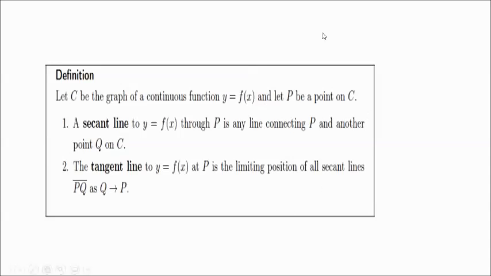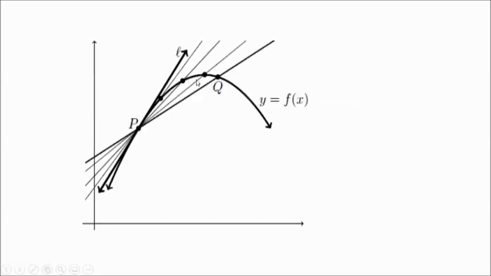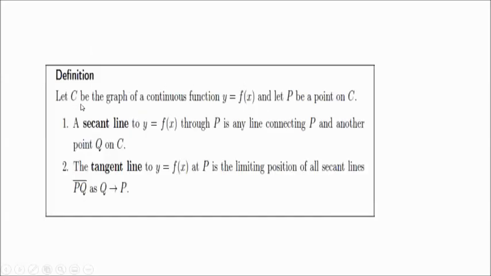So let's define formally. So by the way, yung C is yung graph. Let's say, yung pangalan ng graph natin is C. So let C be the graph of a continuous function.